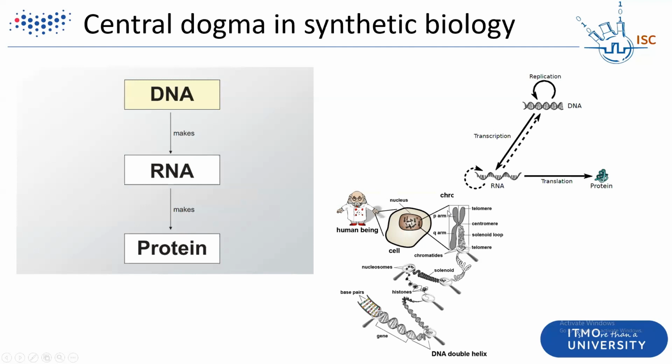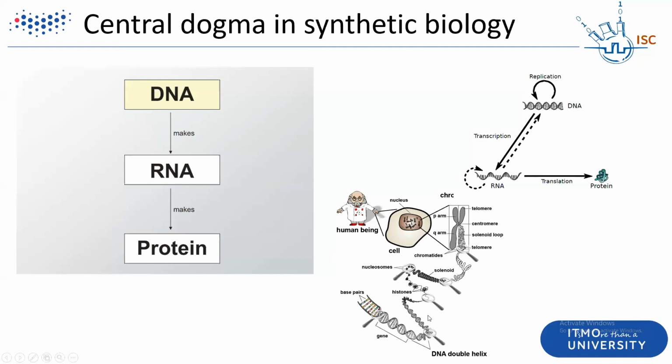You have telomeres, you have different arms, p arms, q arms, and centromere in the center of the chromosome.